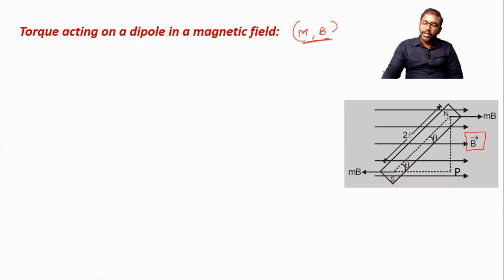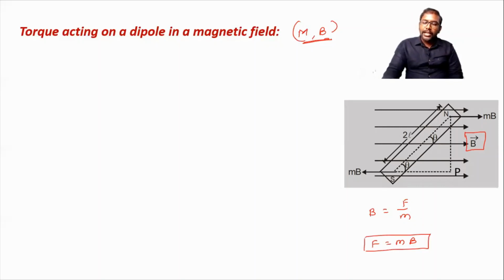By using the analogy between electric and magnetic fields, we can write magnetic induction B is F by m, where F is the force and m is the pole strength. So force is mB. The force acting on a pole is given by the formula mB.